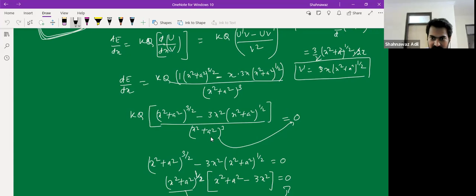So this guy goes over here. So 0 into something, 0 into this x square plus a square, whatever this is. So this would be 0, right? That is why we just took this guy and placed this in. Okay, sir.